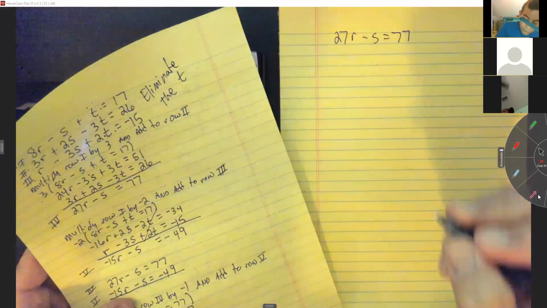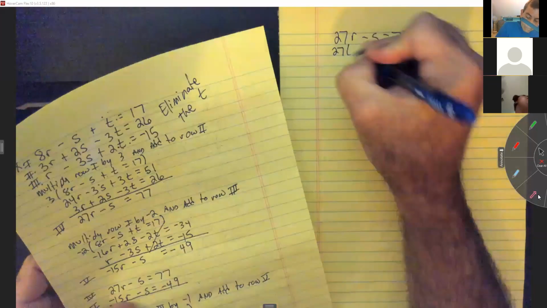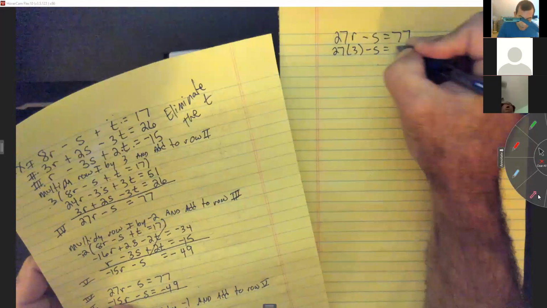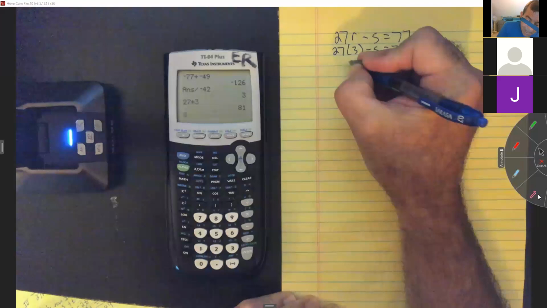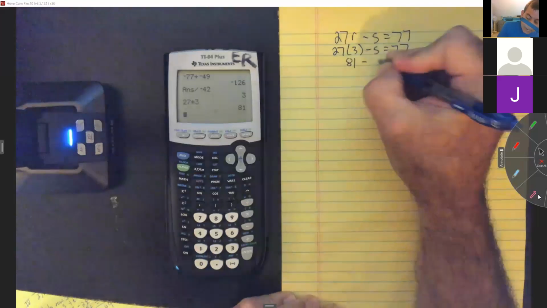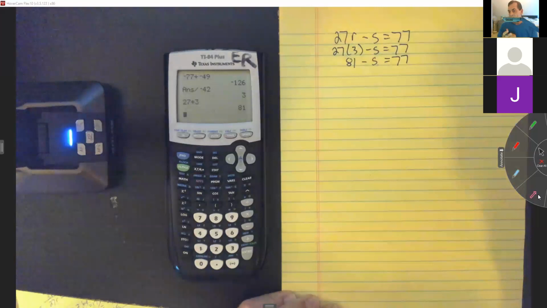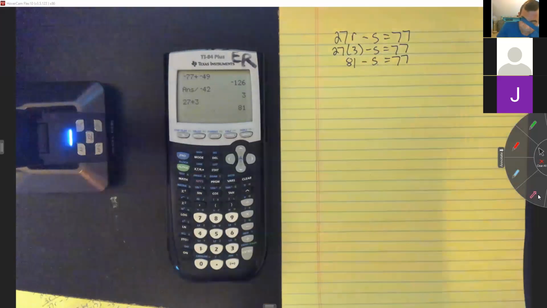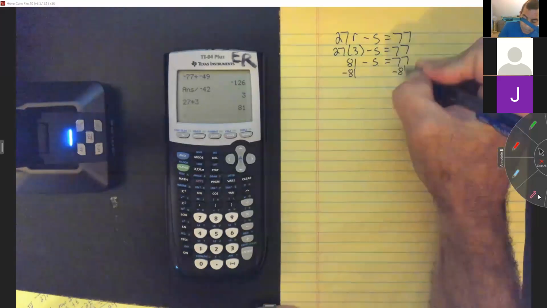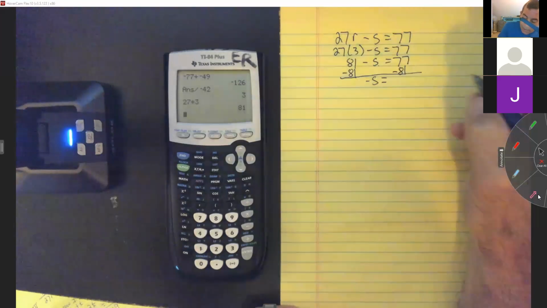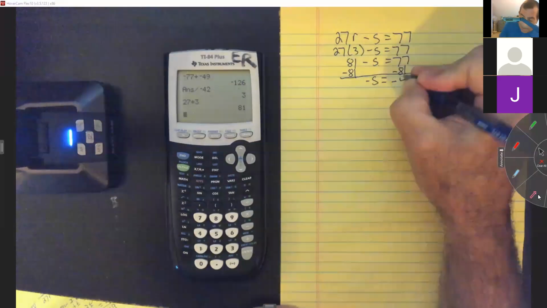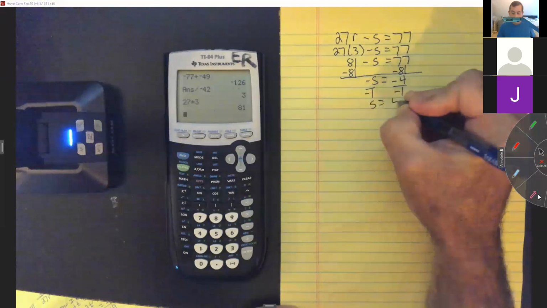I know R is 3. 27 times 3 is 81 minus S equals 77. Next we subtract 81, so the negative S is negative 4, and then divide by negative 1, so S is a positive 4.